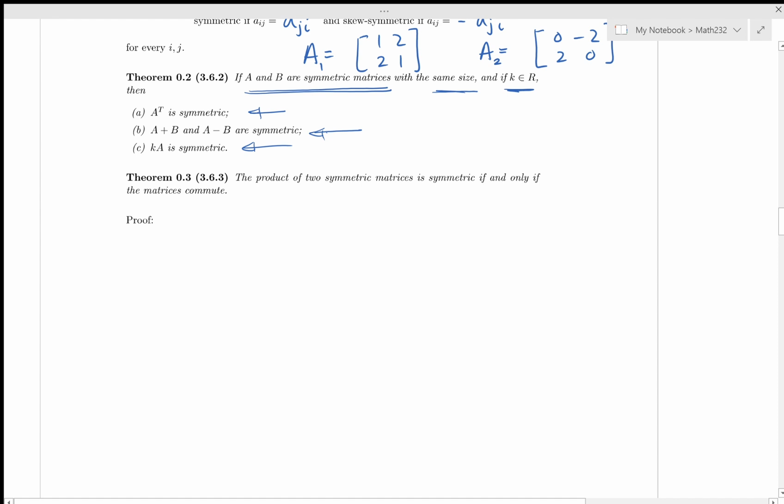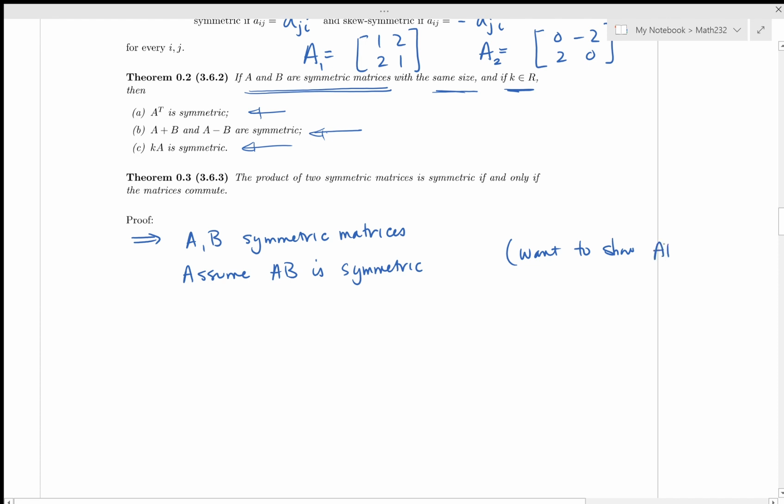So let us prove this one. We're given A and B symmetric matrices. Let's do the proof in this direction: assume that AB is symmetric. Our idea now is that we want to show that AB is equal to BA, that the matrices commute.